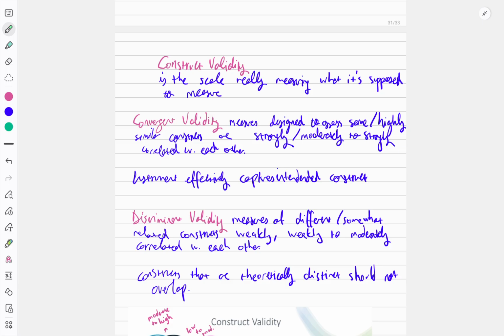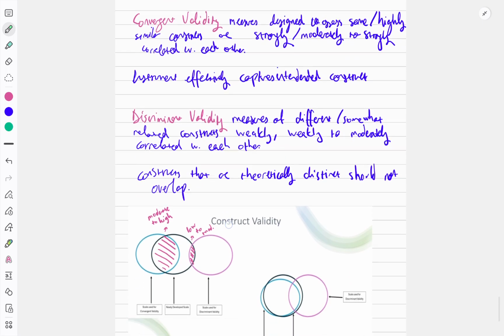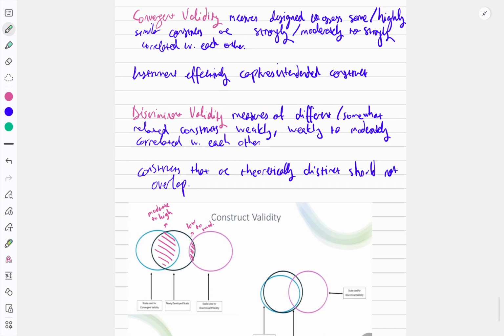In convergent validity, we assess the same or highly similar constructs to see if they are moderately to strongly correlated with each other, so our instrument is effectively capturing our intended construct. In discriminant validity, we measure different or somewhat related constructs that are weakly or weakly to moderately correlated with each other, so that constructs that are theoretically distinct should not overlap.